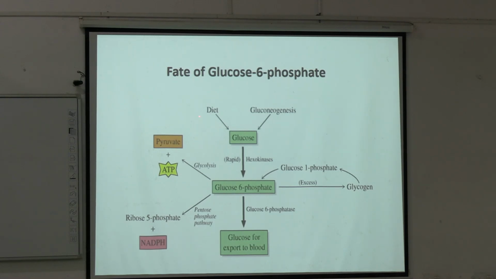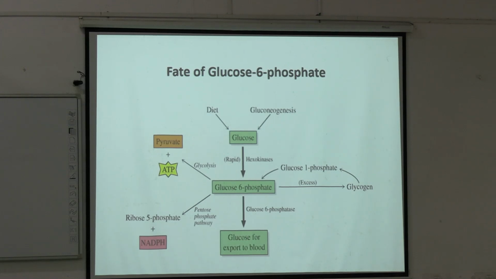Number 1, glucose obtained from diet or gluconeogenesis is converted to glucose 6-phosphate, right? Glucose 6-phosphate can go to formation of glycogen in liver and muscle. Again, glycogen to glucose 6-phosphate can be converted.